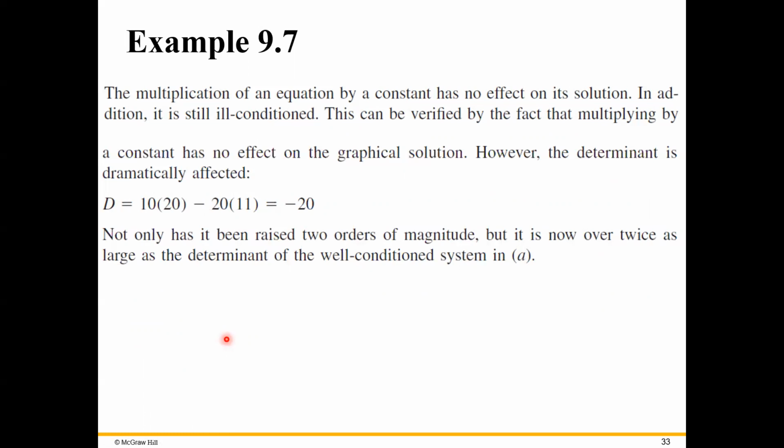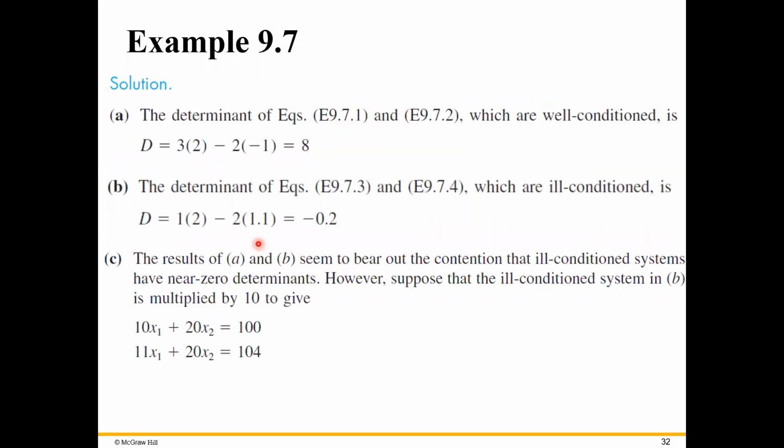However, there will be no change in the solution of the system. The solution of the system will remain the same, although the determinant will be inflated by the order of that scalar.